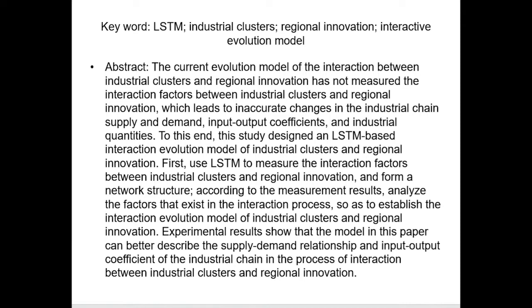Experimental results show that the model in this paper can better describe the supply-demand relationship and input-output coefficient of the industrial chain in the process of interaction between industrial cluster and regional innovation.